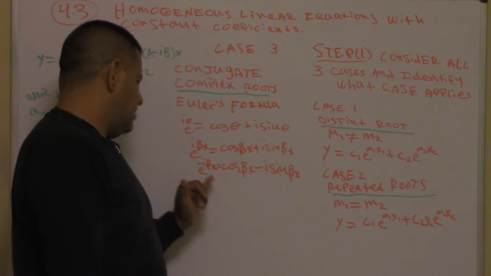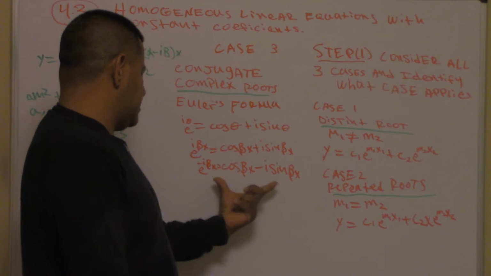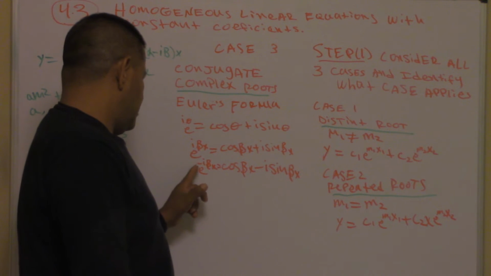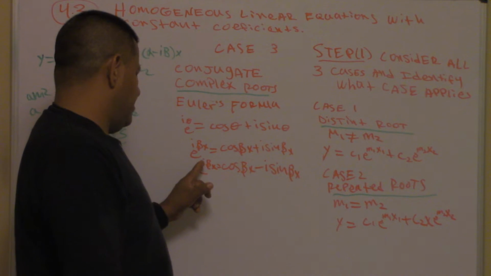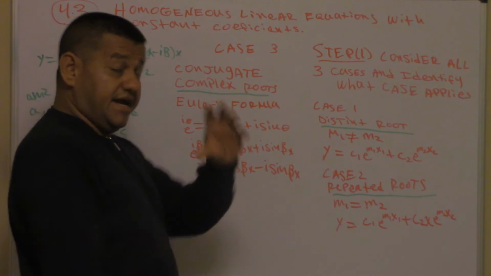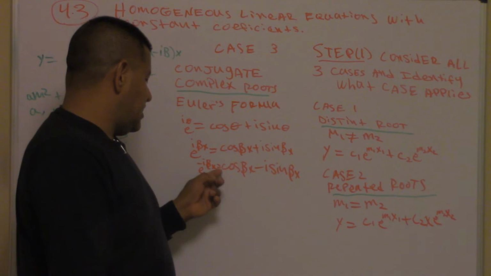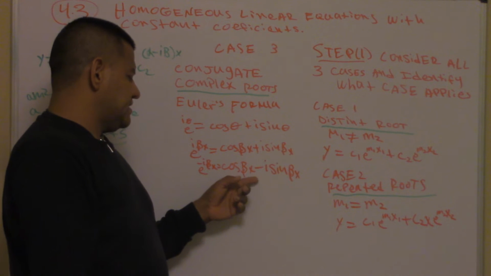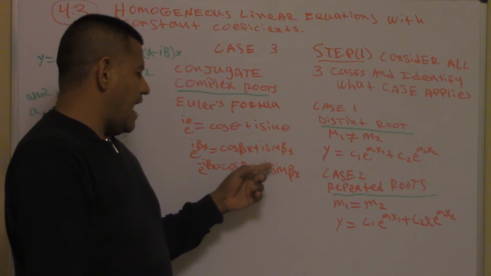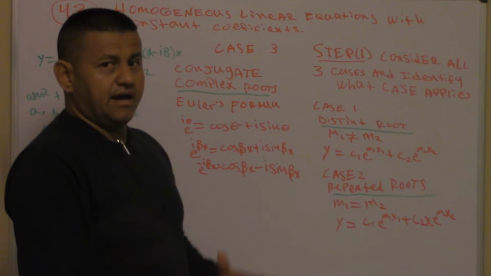And then the next piece is e to the minus i beta x equals cosine beta x minus i sine beta x.